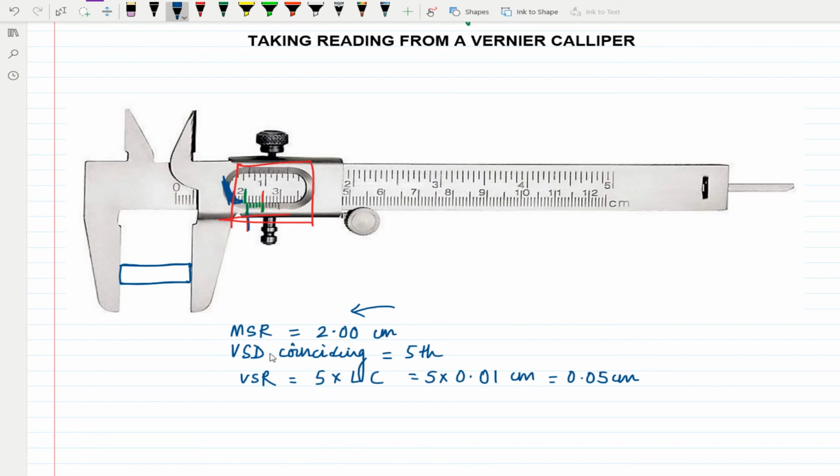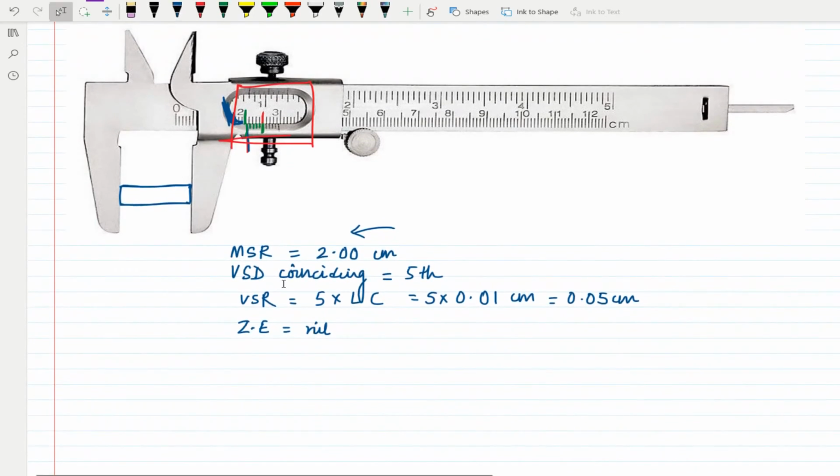Now suppose we assume that there was no zero error, so you'll write zero error equal to nil. Had there been zero error, whether positive or negative, you would have written it over here. Now, in order to take the final reading, the correct reading of the length will be equal to main scale reading plus the vernier scale reading minus the zero error.